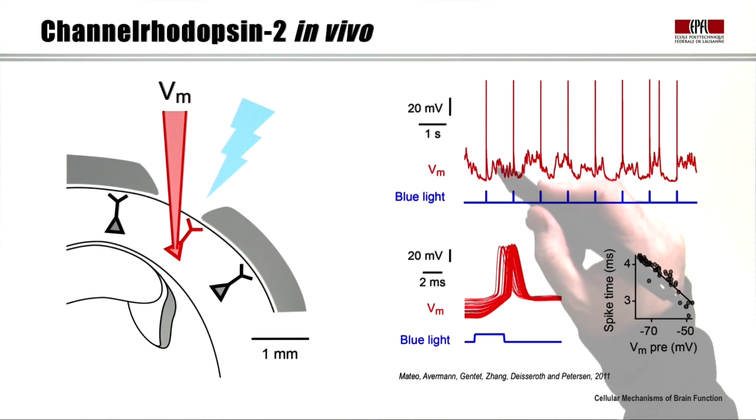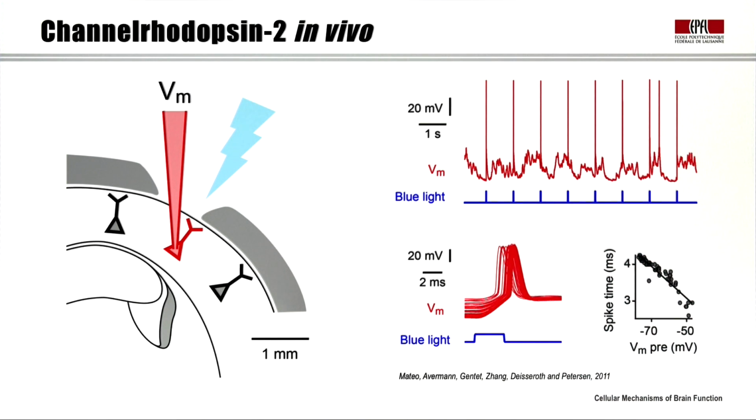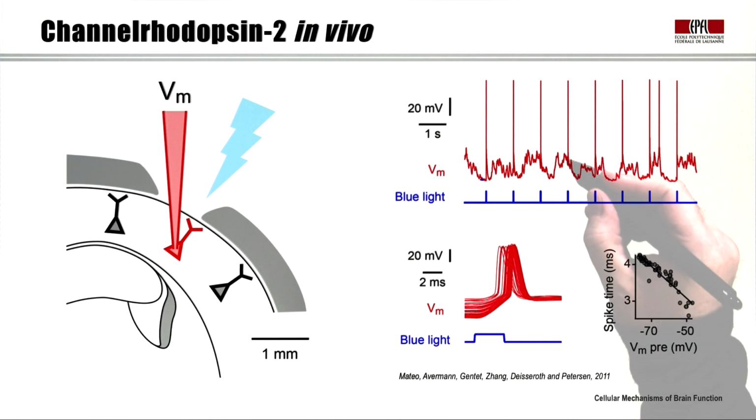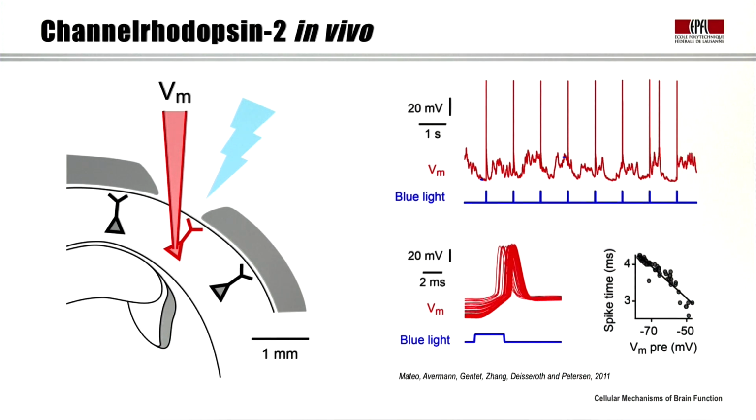As you'll see in the membrane potential, there are spontaneous fluctuations in the pre-stimulus membrane potential. So sometimes the blue light is delivered when the neuron is hyperpolarized, and at other times the blue light is delivered when the neuron is spontaneously depolarized. And it turns out that that makes a difference to the precise timing of the action potential. If the neuron is spontaneously hyperpolarized, the blue light comes on, we need to depolarize by a long distance, and that takes some time before we reach action potential threshold.